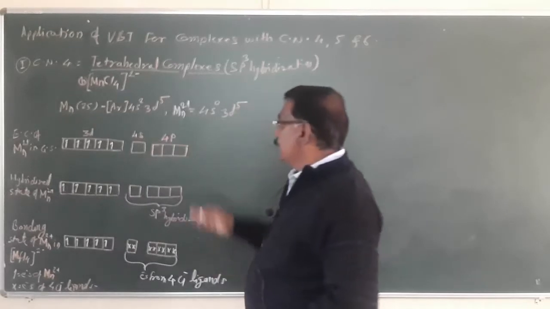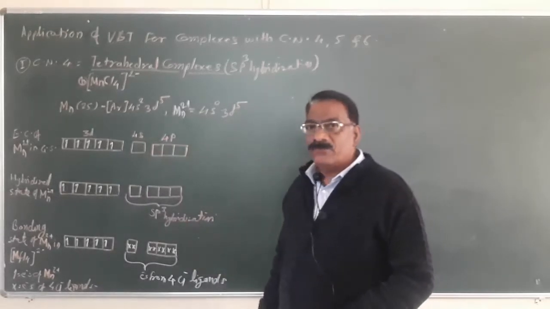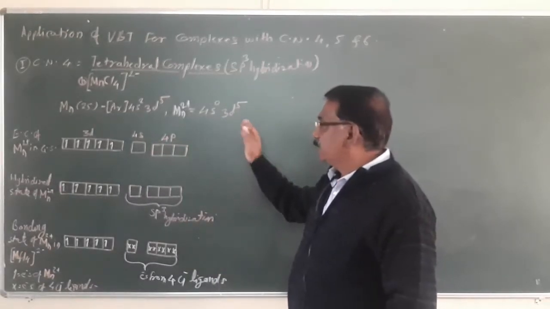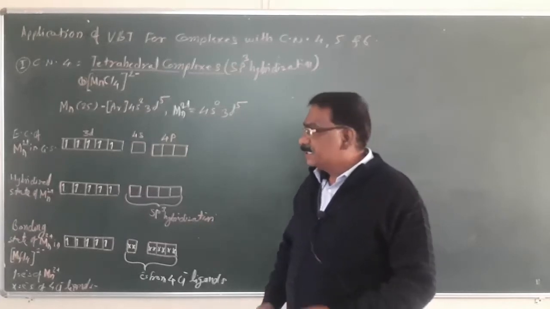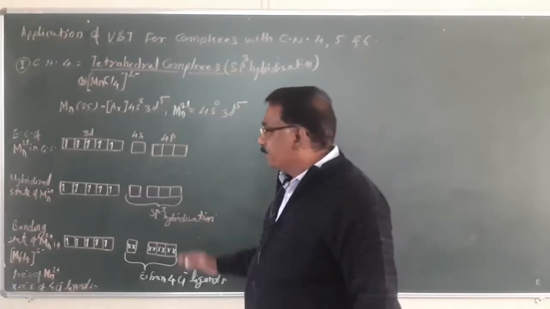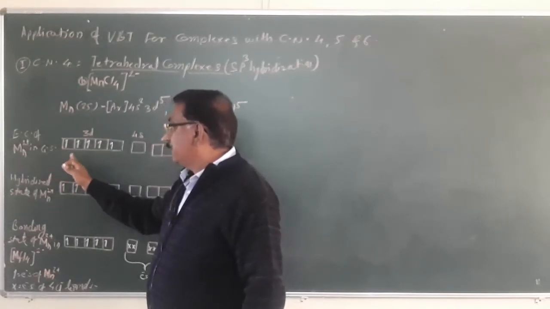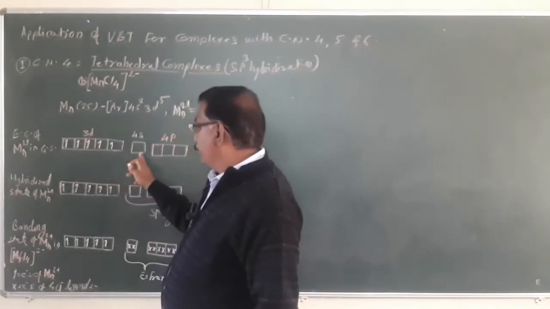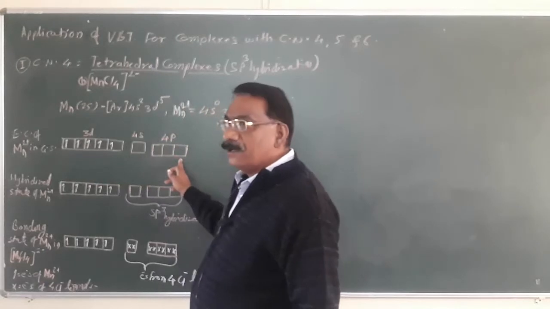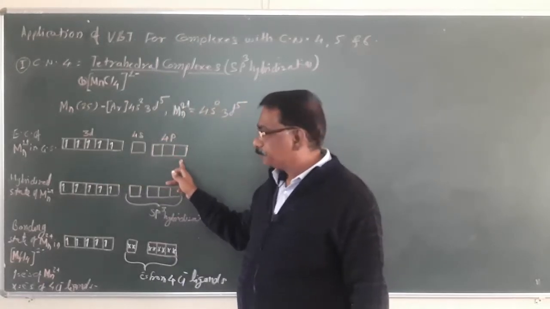Then its electronic configuration is 4s0 and 3d5. See, this is the ground state of Mn2+: 3d5, 4s0 and 4p0.